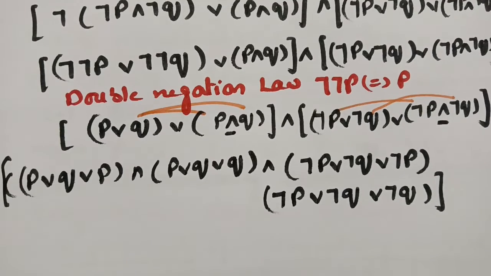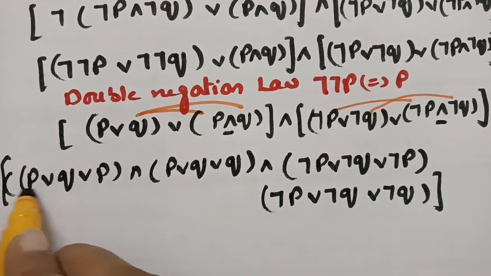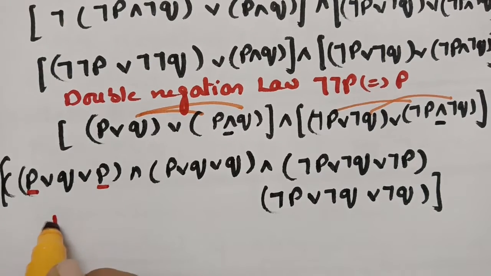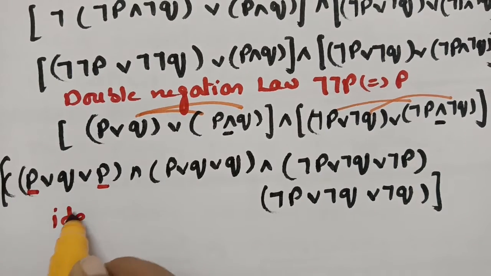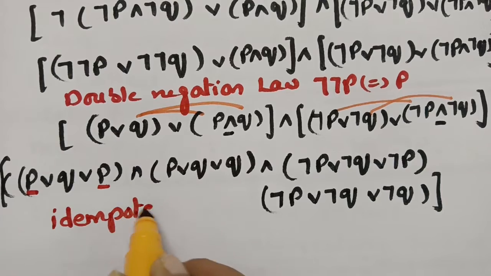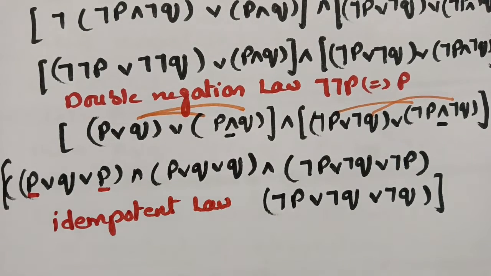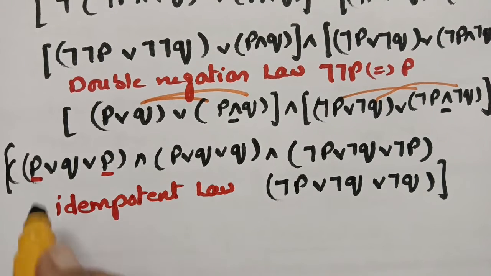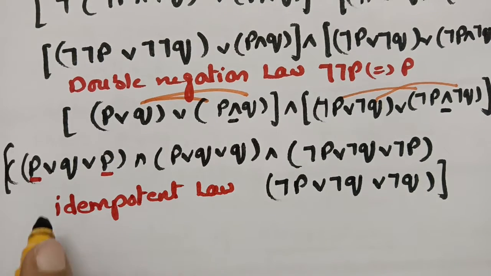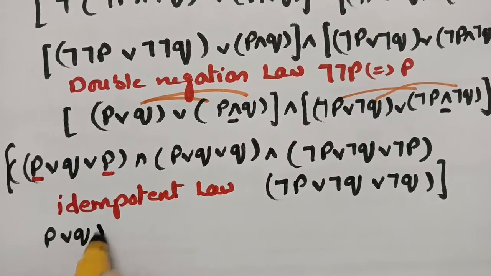Hope it is clear. As you know that there is the same symbol here, p or p. So which identity do we have to use? Idempotent law. According to our idempotent law, p into p is equal to again p. If I apply this, here there are two p's, so I am writing a single p, that is p or q.